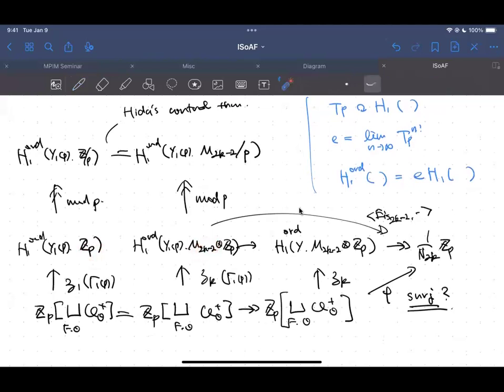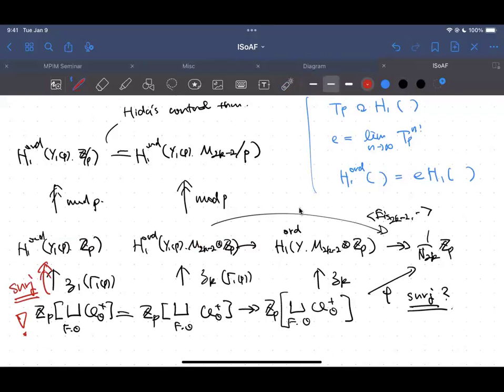Then, as I said, this is the case for constant sheaf. And for the constant sheaf, we can prove the surjectivity here, because the homology with constant sheaf is basically very simply the cycles on this modular curve.